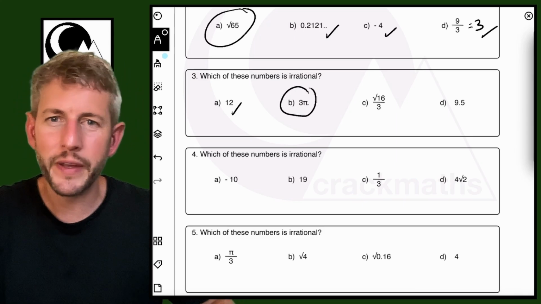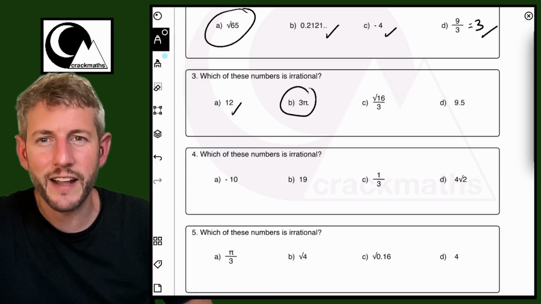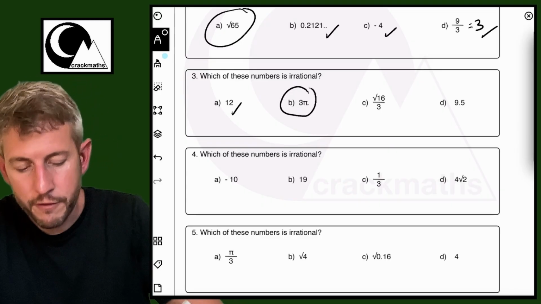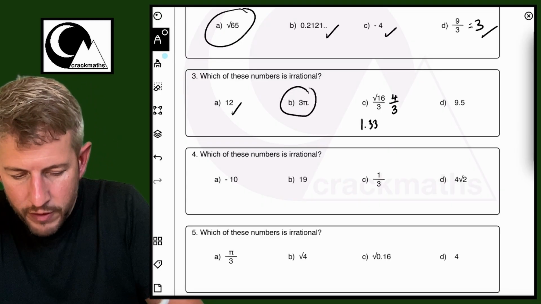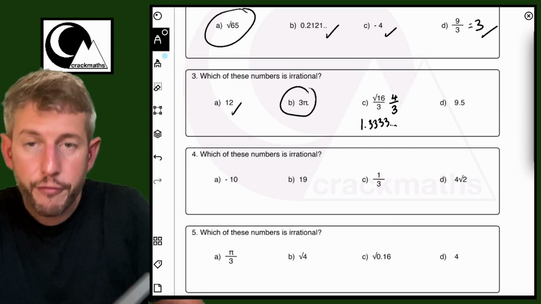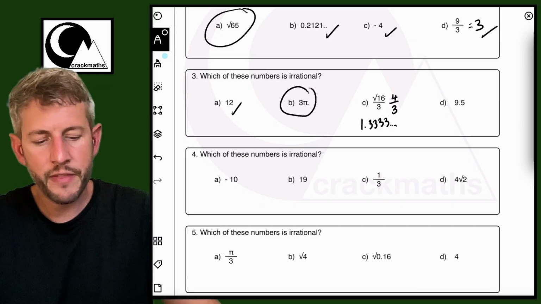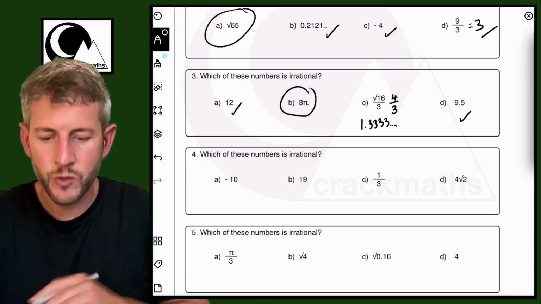It's still going to be a long list of numbers that may or may not contain the answers to the universe. Root 16 is 4 over 3, which is 1.3333. Although the 3s go on forever, they are rational because we know what they're doing. And then here, we've got 9.5, which is rational as well.